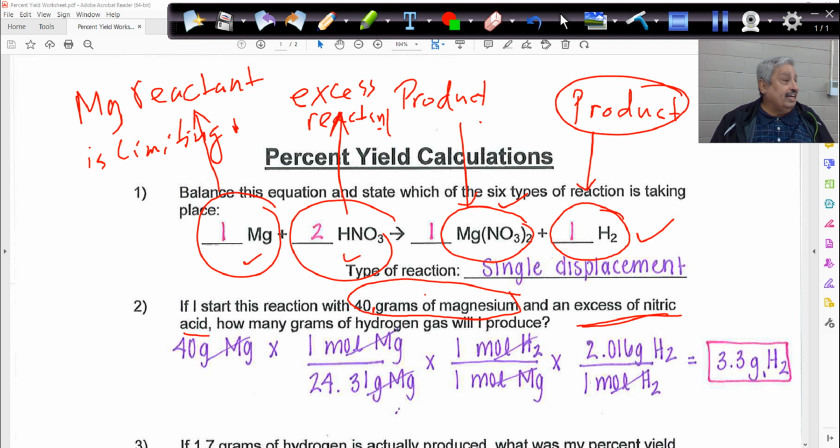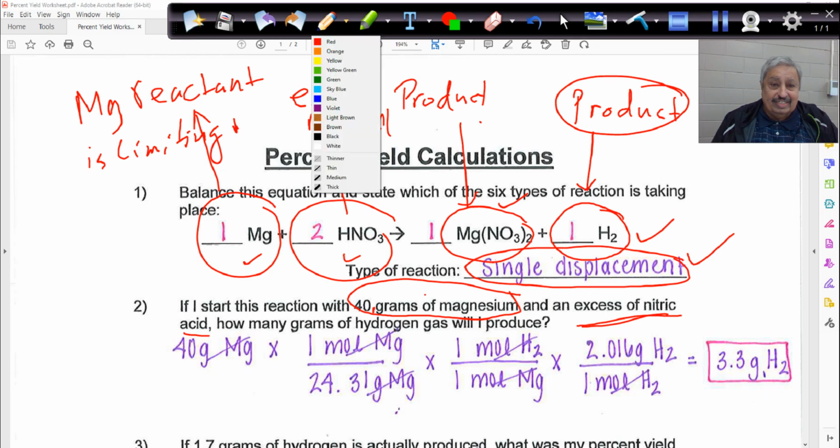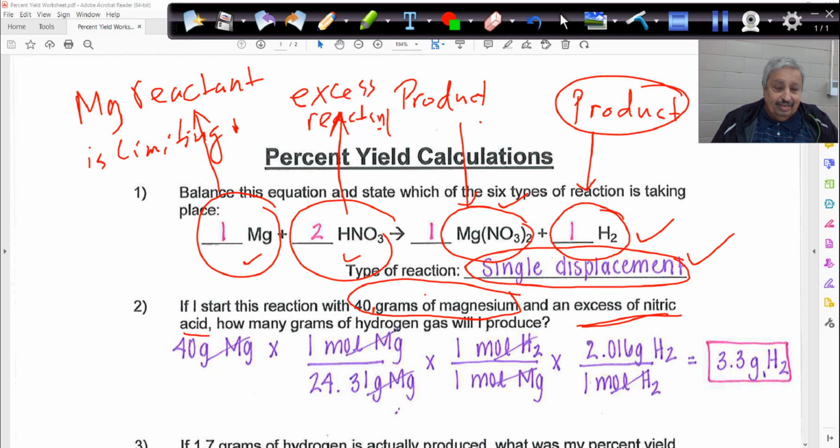The type of reaction is already written here. Single what? Displacement or replacement, correct? So the type of reaction is single displacement or replacement. Now let's do the calculation. You always start with whatever is given to you. The 40 grams here, we'll put a decimal as 2 sig figs, correct?